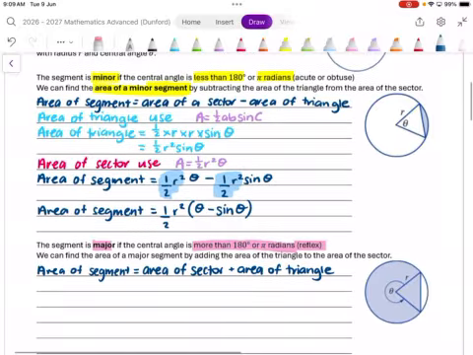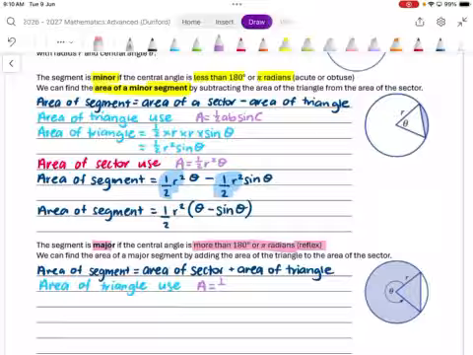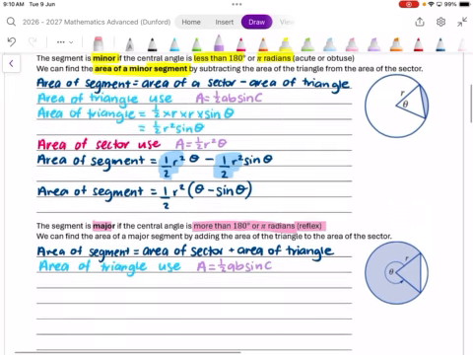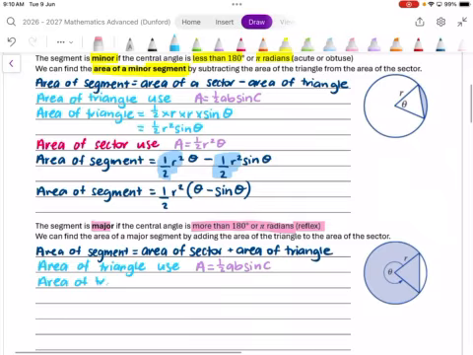So with our area of our triangle, again, we're going to use that a half ab sine C formula. Okay, but it's not as easy to see what our angle is in our area of our triangle.